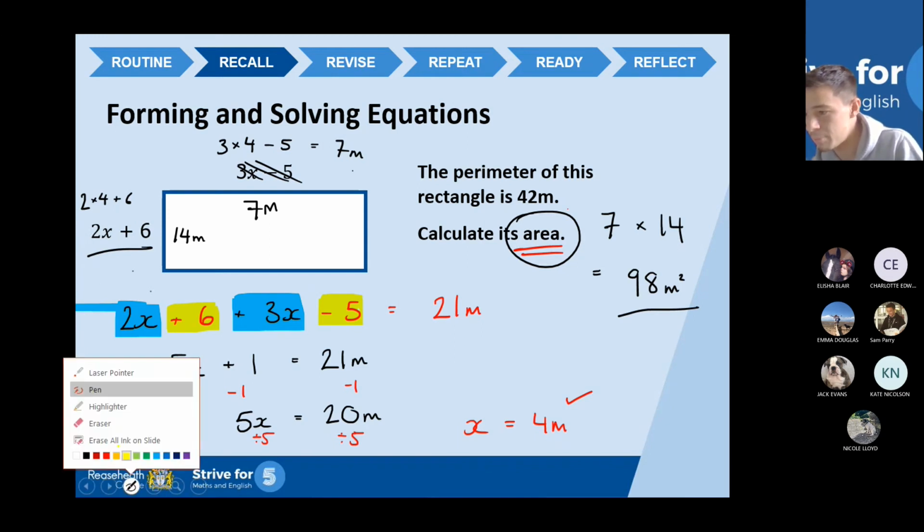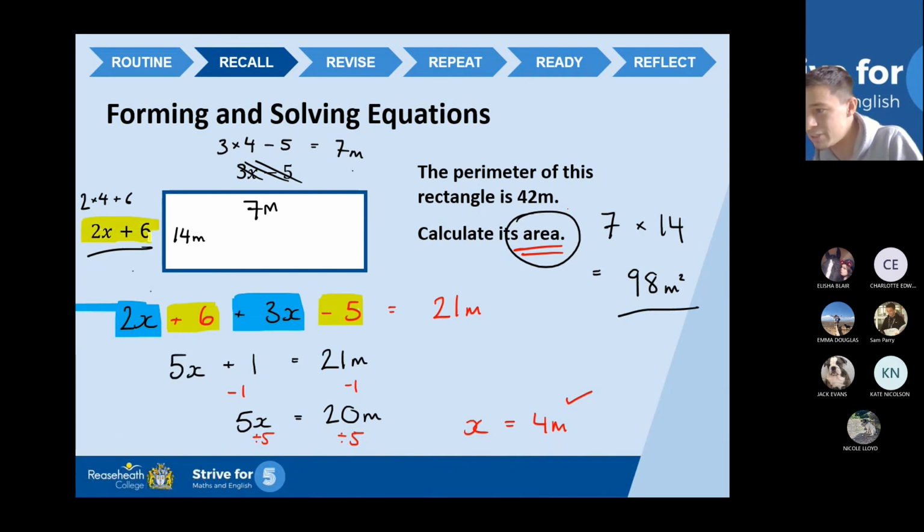Oops. Let me get a pen. There we go. I substituted back into these points here, and then I got a value. And then with those 2 values, I calculated the area. Now, this is worth, I want to say, maybe 4 or 5 marks.